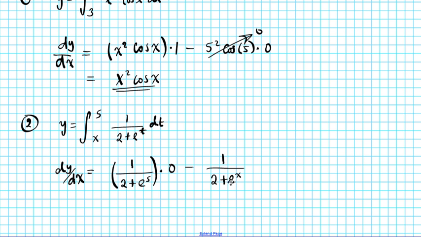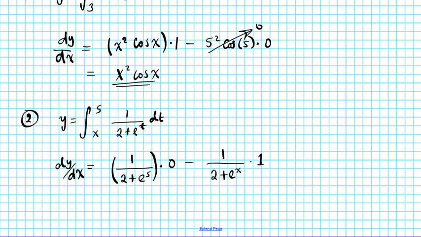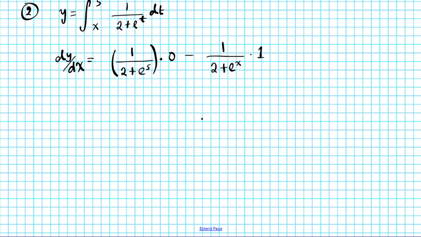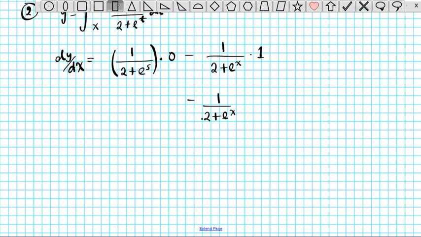How did I get e to the x here? By substituting x for t, times the derivative of x, which is 1. Alright? So your final answer is going to be negative 1 over 2 plus e to the x. So there goes your final answer.